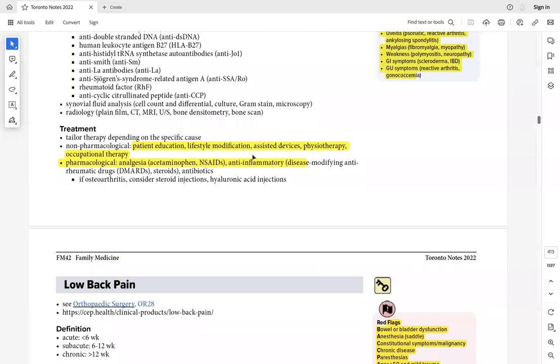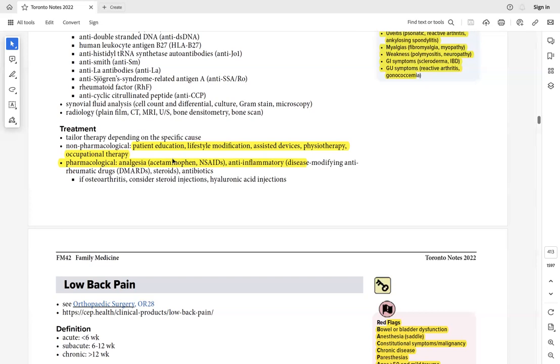So if the scenario says the patient has been on physiotherapy and NSAIDs, still has no improvement, and is here for the next step, we will give him canes, assistive devices, and walkers. Then always remember, if the patient comes with joint pain, we start with acetaminophen.